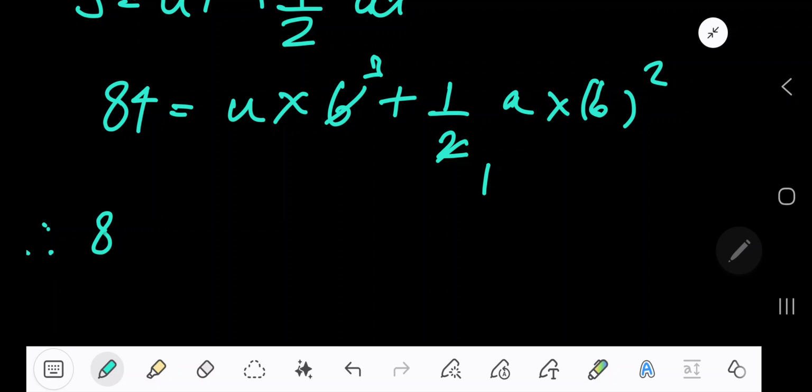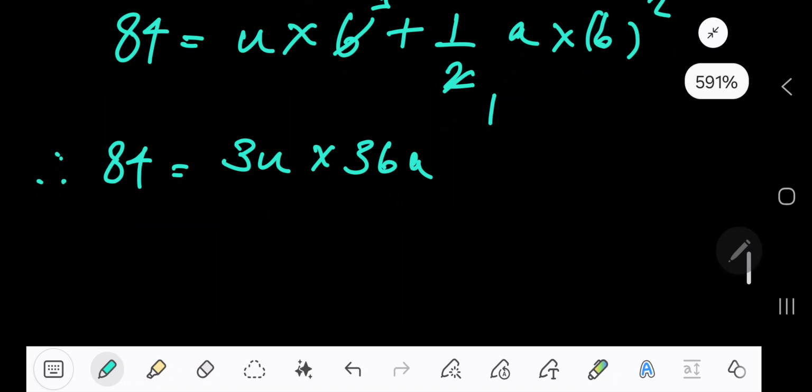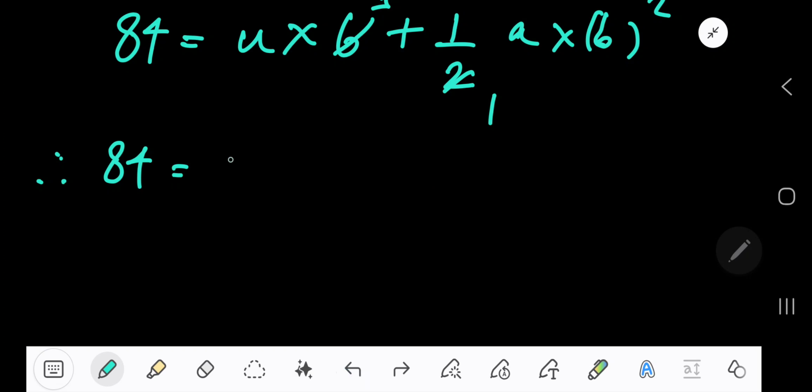Therefore 84 equals 6u plus 18a. Equal to 84.